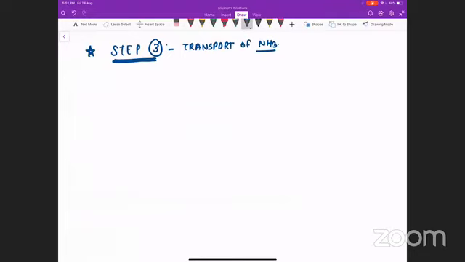Transport of ammonia. The first transport that we are going to discuss is transport of ammonia from brain to liver. From brain to liver, how are we going to transport ammonia?